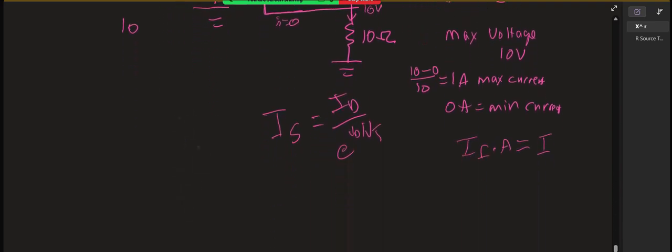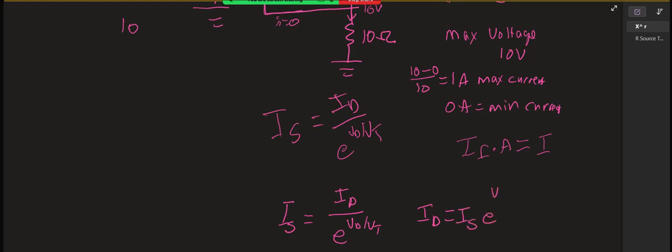Okay, so I have that IS equals ID over E to the VD over VT. Or ID equals IS E to the VD over VT.